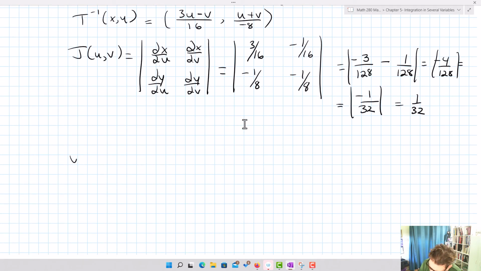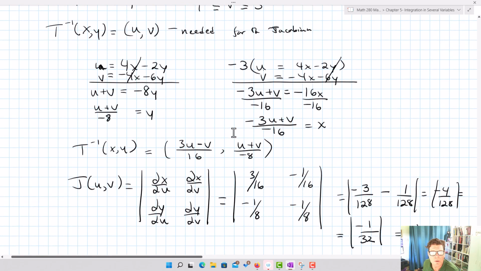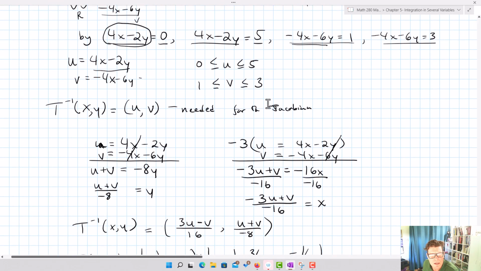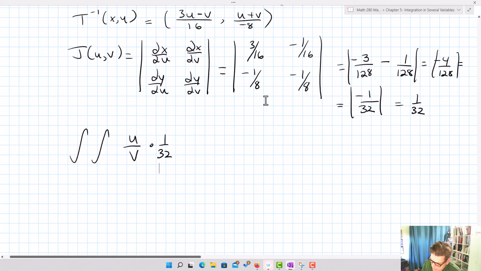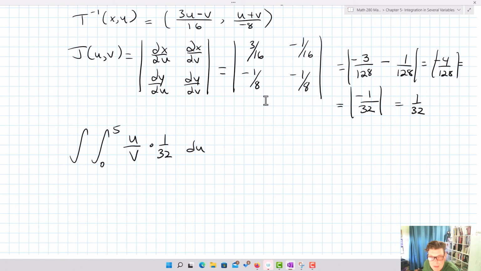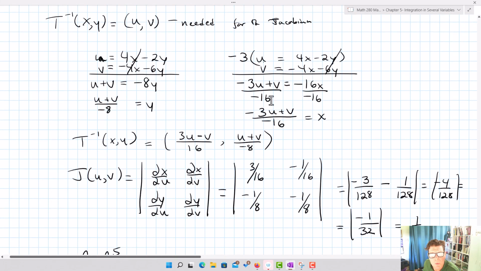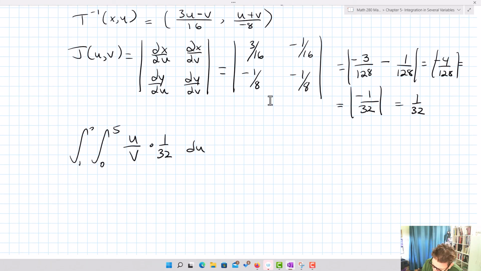So this is going to be the integral of u over v times 1/32 du dv. So 0 to 5 is du, and 1 to 3 is dv. And that's our integral. Okay?